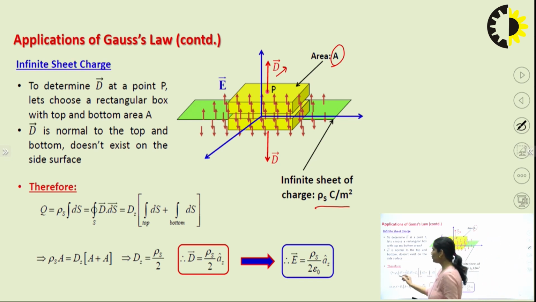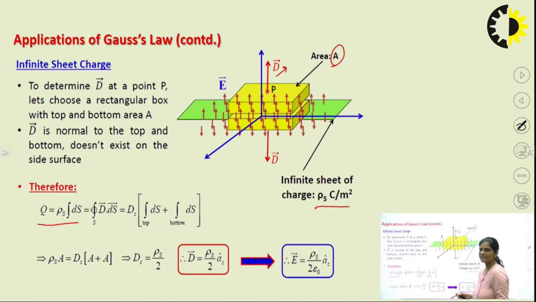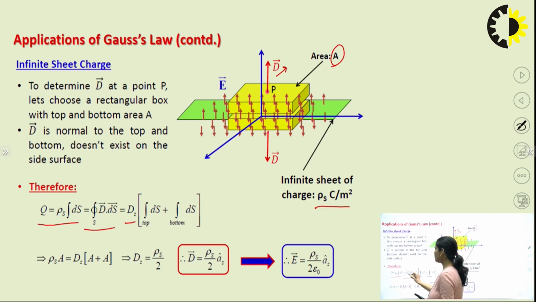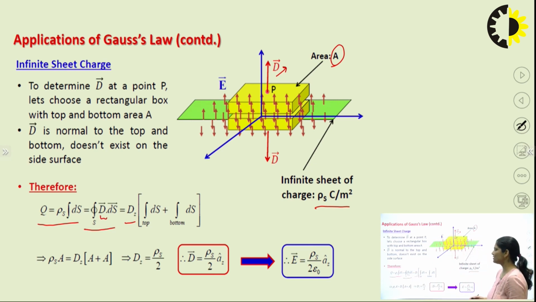Now you all know Q is equal to what? If you are considering this rectangular surface, then Q is equal to the integration of rho s dS. Also Q is equal to the closed integral of D dot dS. Now here you can take D common, as D is the same at all points on this surface.